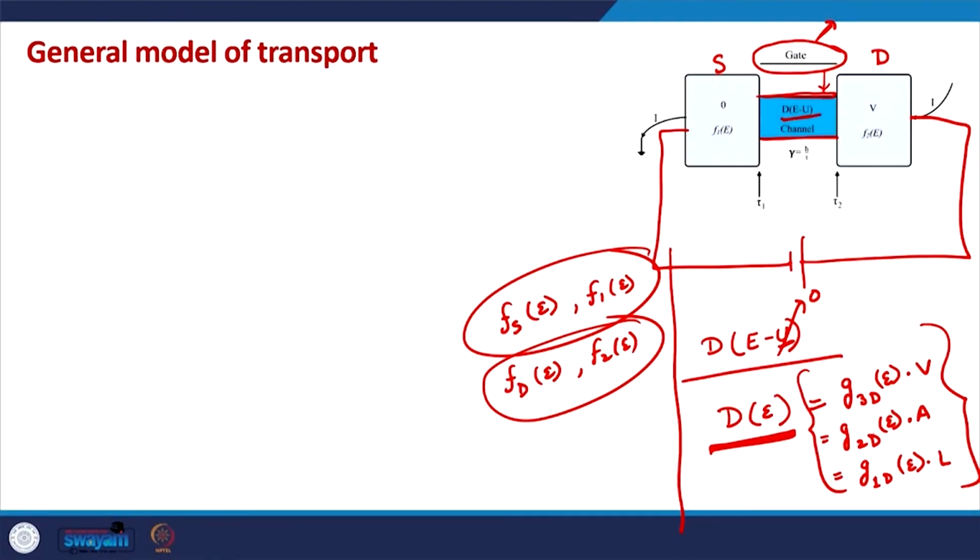Quantum mechanically, it will lead to scattering in the system, because the electronic states, because of the interaction, might also get modified. Moreover, the electrons in the channel will now see a different environment when they reach the source or the drain terminal.